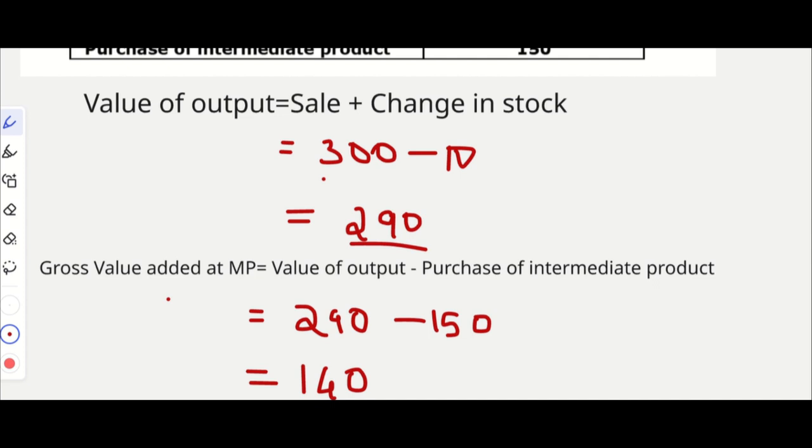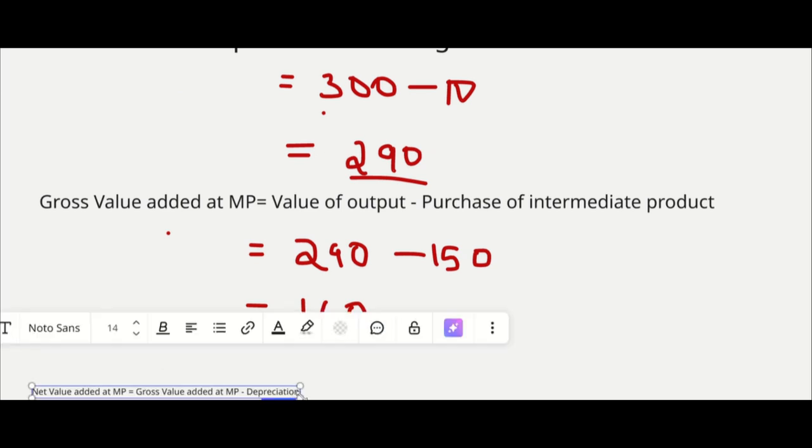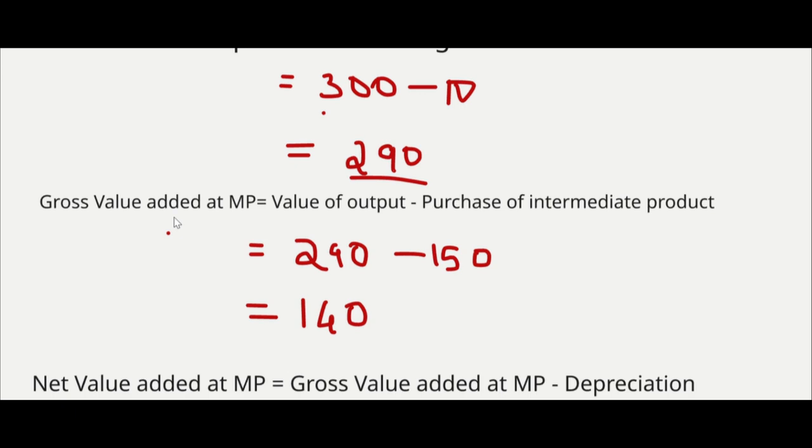Now we have to find the net value added at the market price. So what will be the equation for that? Net value added at market price is equal to gross value added at the market price minus depreciation. So the equation will be gross value added at the market price, that is what we have already calculated here, minus depreciation.